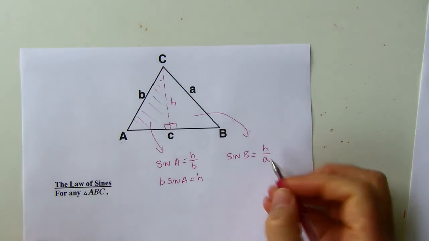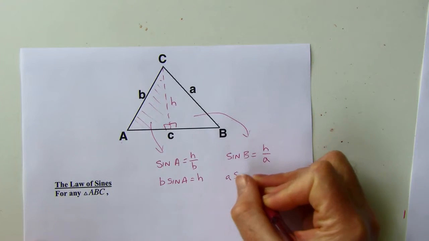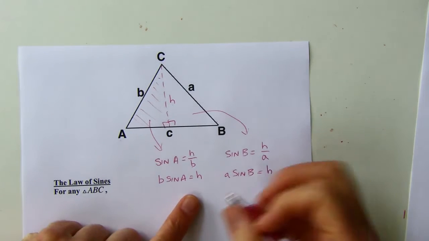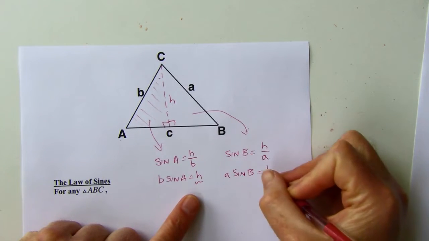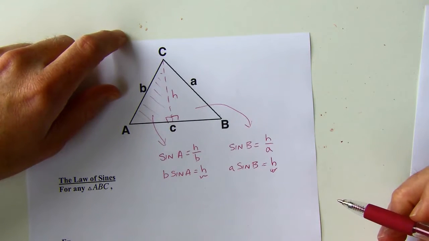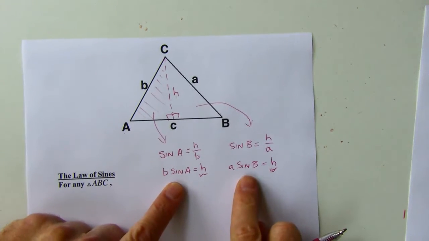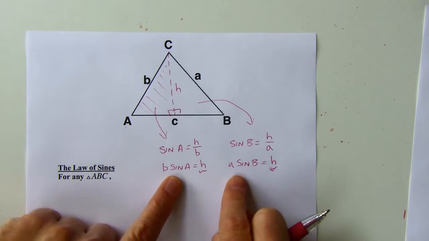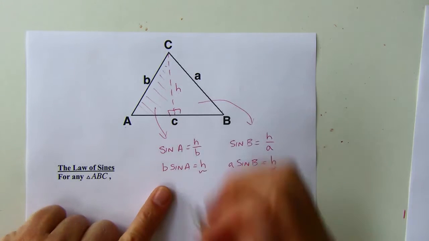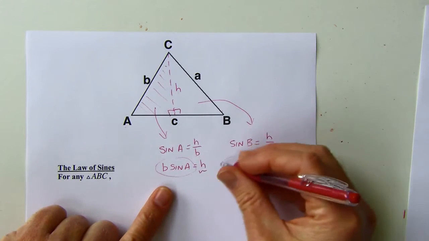Over here, I'd multiply both sides by A, and I'd get this, okay? So now, this H, it's the same H. It's the same line in the bigger triangle, okay? So that means that, hey, I can use transitive property or substitution here to say that this is going to be equal to this.